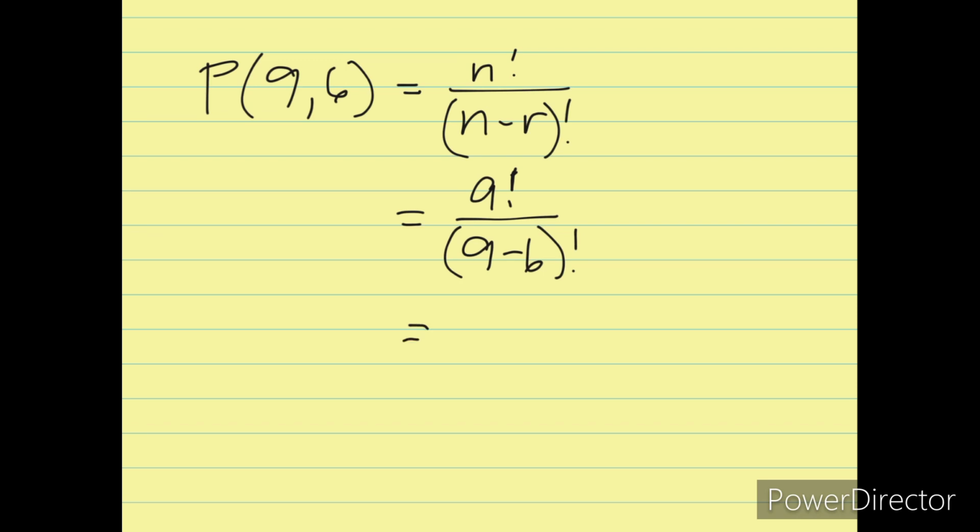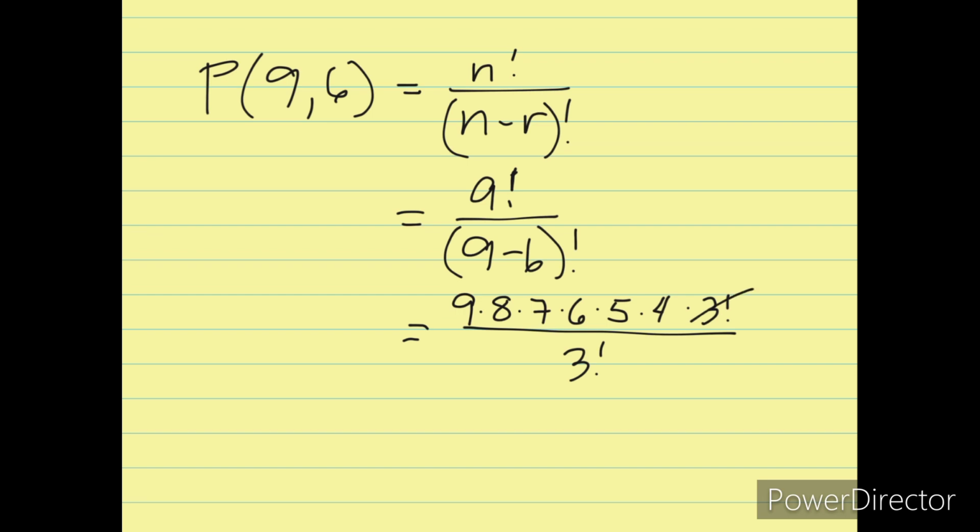So 9 factorial, we have 9 times 8 times 7 times 6 times 5 times 4 times 3 factorial, all over 9 minus 6, which is 3 factorial.